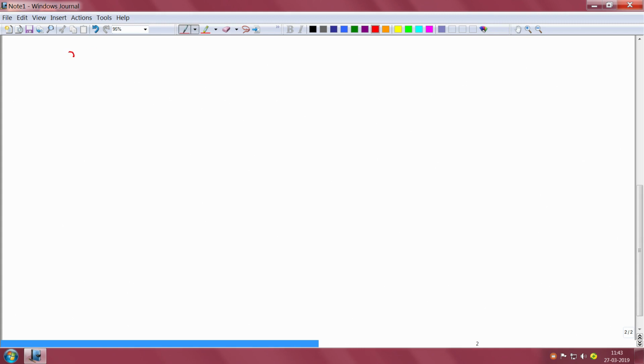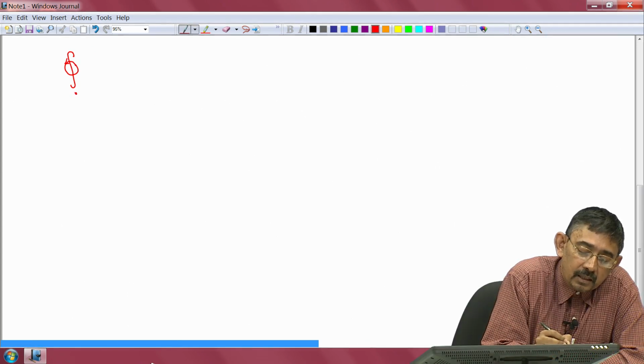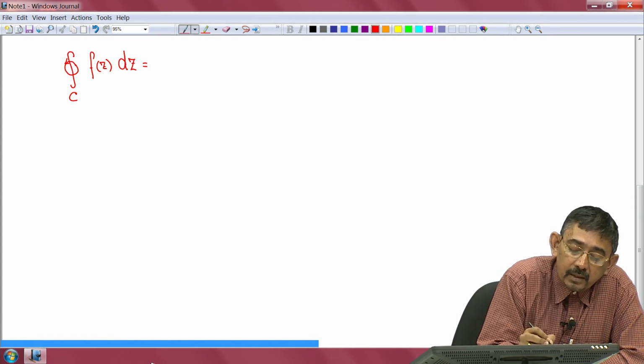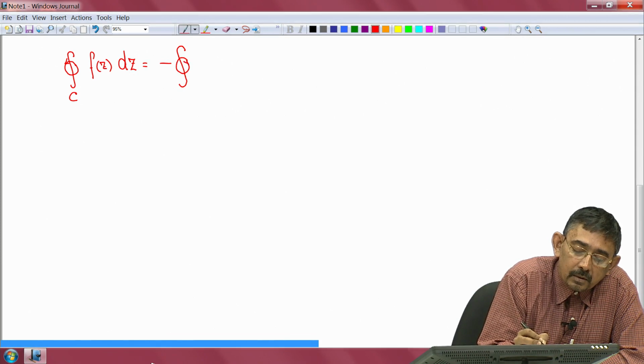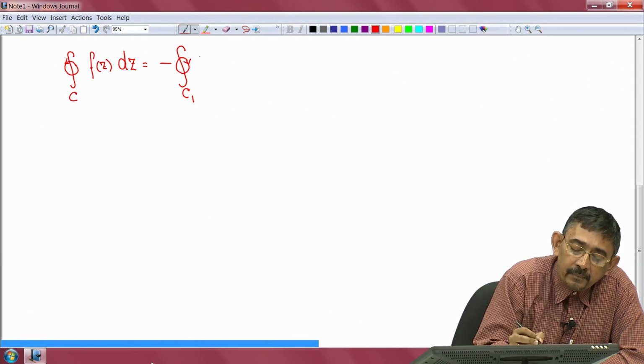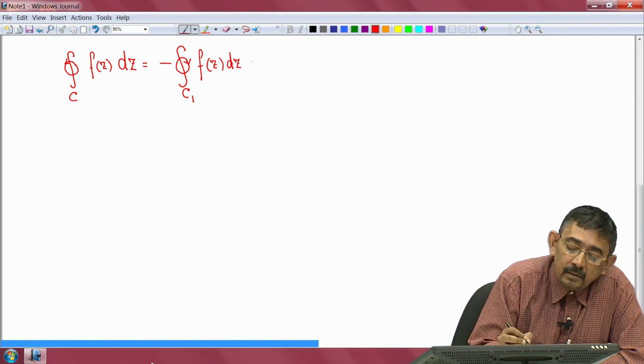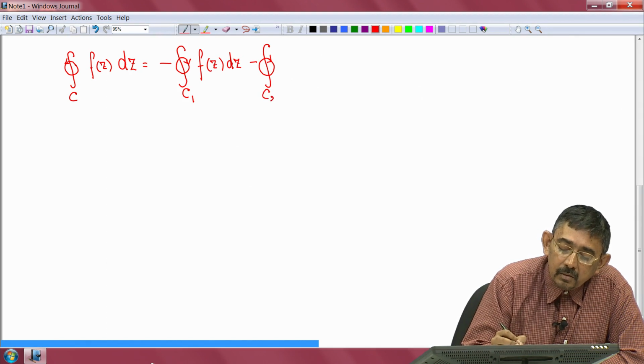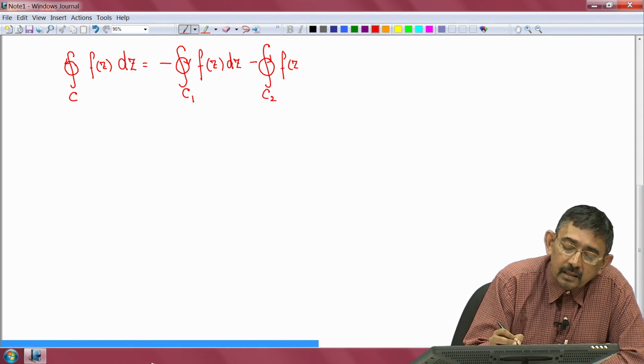So, I will have integral counterclockwise on the C f of z dz is equal to negative integral clockwise C1 f of z dz, negative integral clockwise C2 f of z dz.